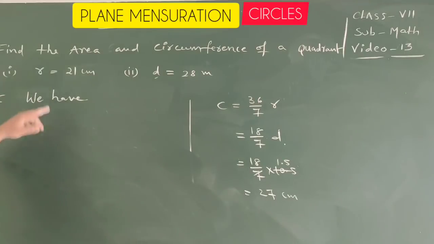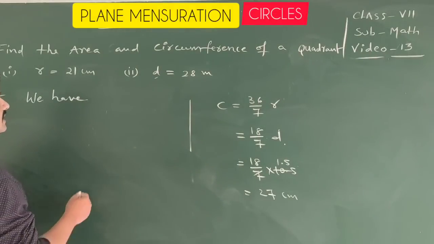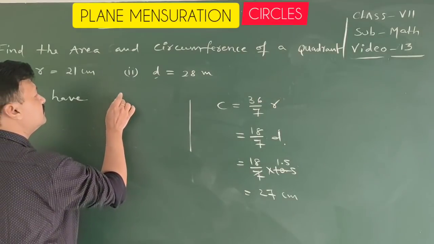We need to find the area and circumference of a quadrant. Now only we discussed these problems. This formula I said earlier. So here quadrant is 1/4 of the circle. So area is also 1/4 of the circle.